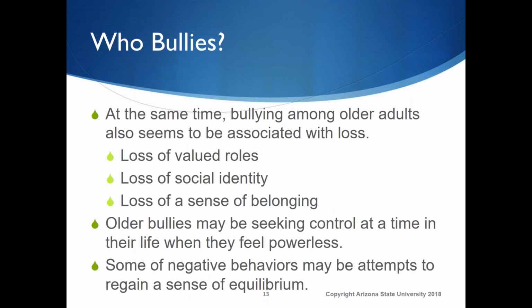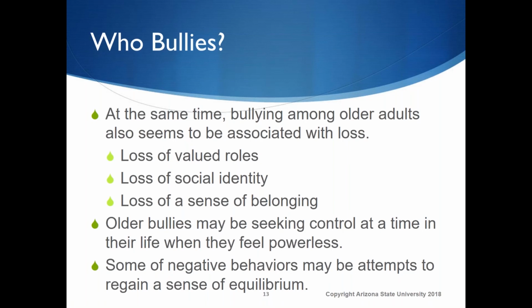So for some people, their bullying behavior towards others may actually be because they feel so powerless. They're trying to figure out some way to feel like they're in control of something. So those negative behaviors that we see may actually be them trying to reach some sort of equilibrium where they just can't really figure out any other way to be in control, but they can do it through controlling others.